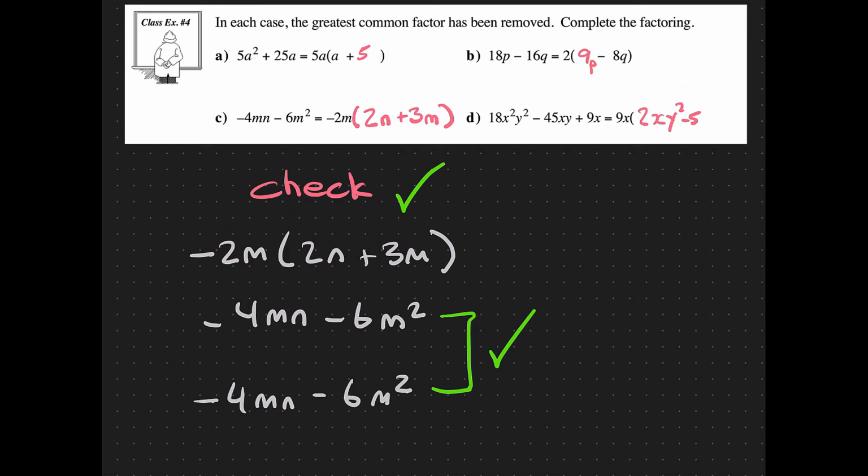And x divided by x, those are gone. x to the power of 1 divided by x to the power of 1 is going to be 1 minus 1, which is no x's, but I still have that y right there. And the last one is 9x divided by 9x, which is a positive 1. And that is our final answer right there. And again, what I would do is I would take that and do my check to make sure that I did it right.